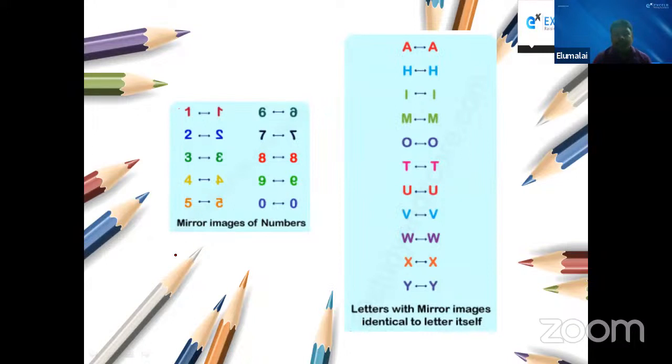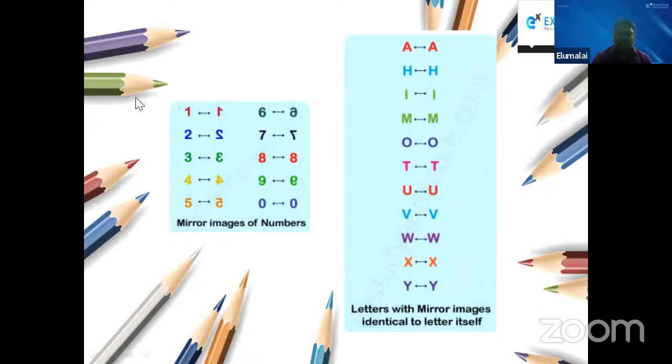Which are the numbers that are the same as their mirror image? Good. 0 and 8. That's it. You remember this point?